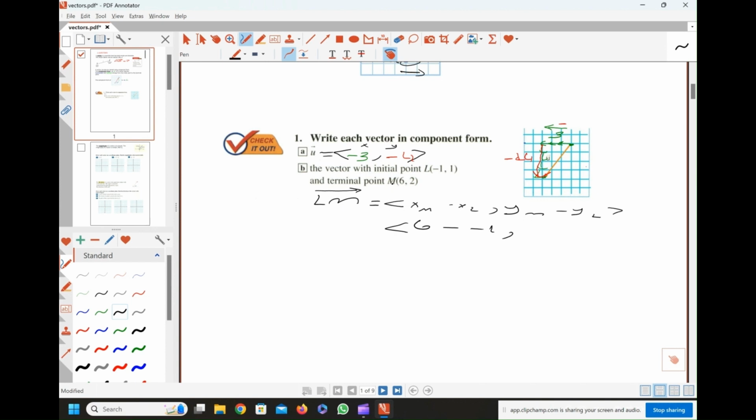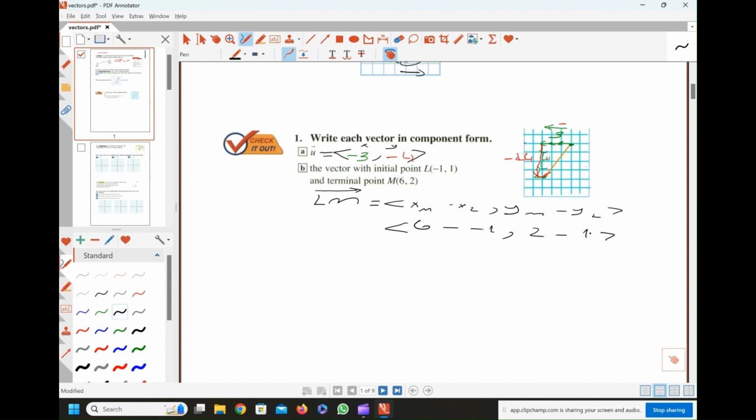The final point is M, so its y component is 2, minus the initial point L, its y component is 1. So you are subtracting the initial point from the final point.